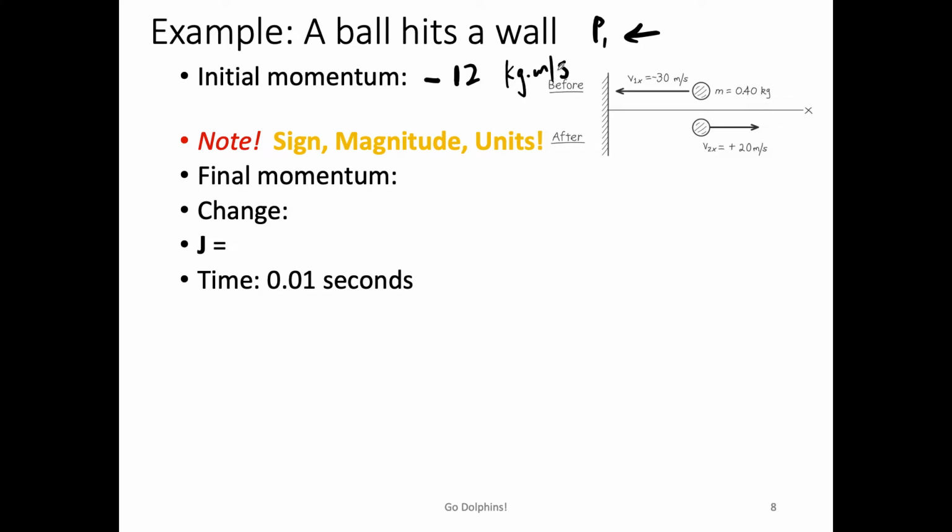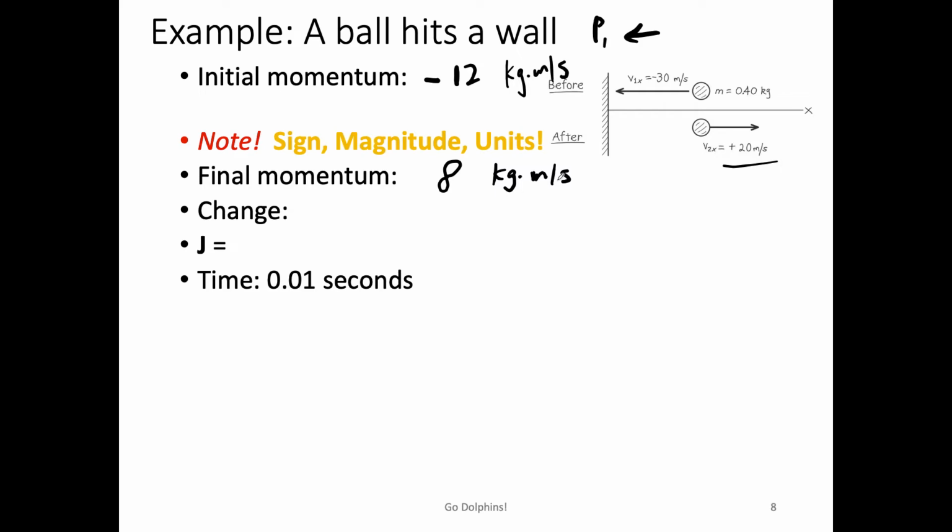And then we need to find the final momentum. The final velocity is 20 meters per second, so m times v gives a final momentum of 0.4 times 20, which is 8 kilogram meter per second.